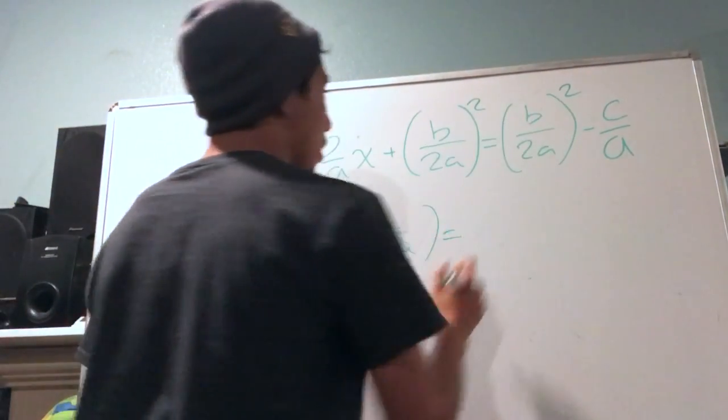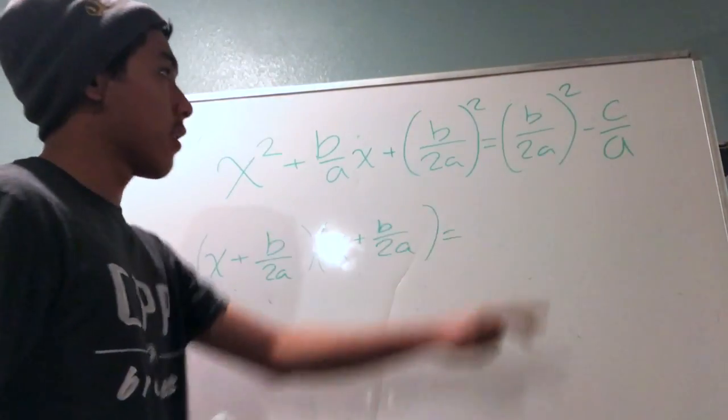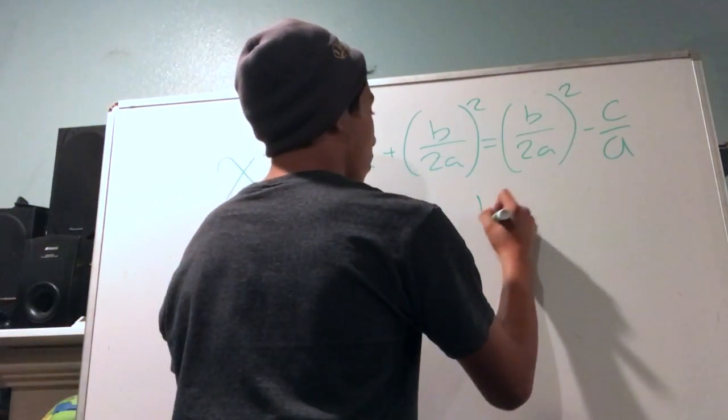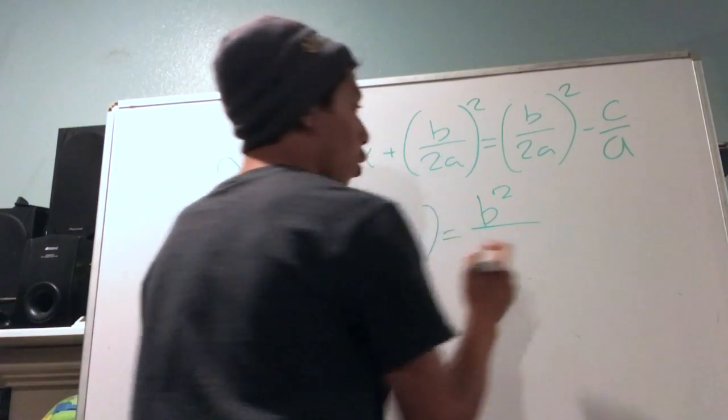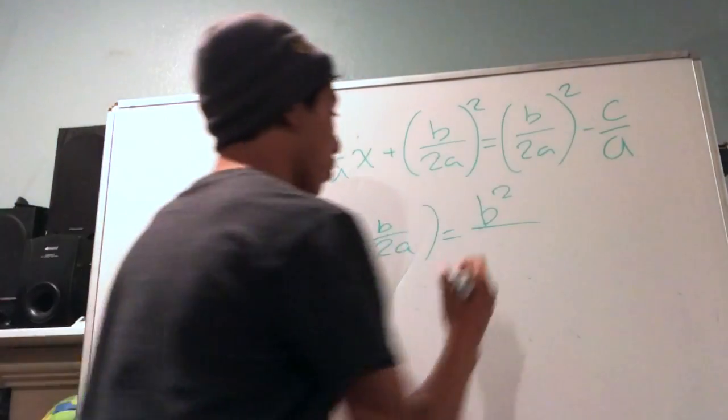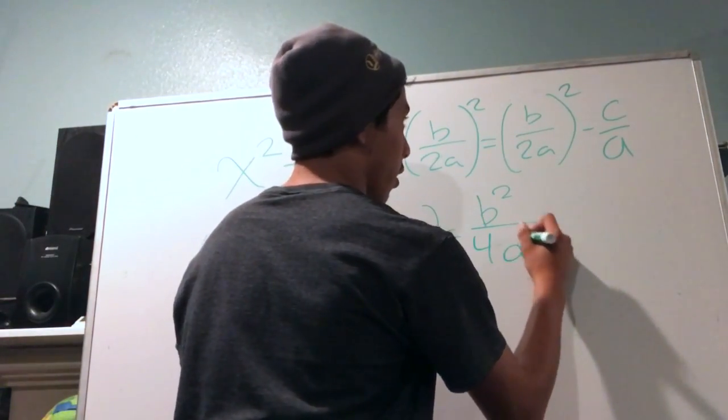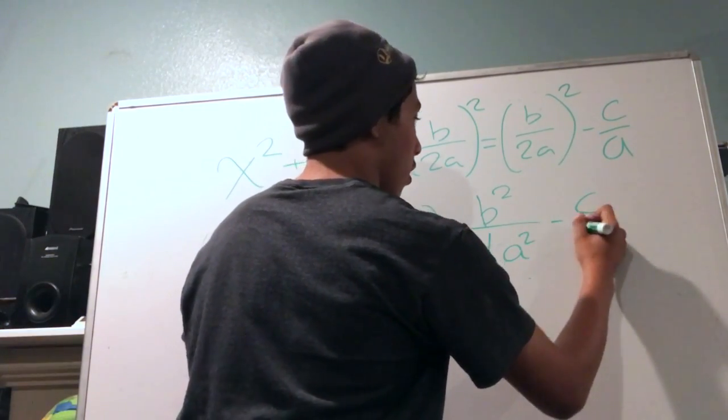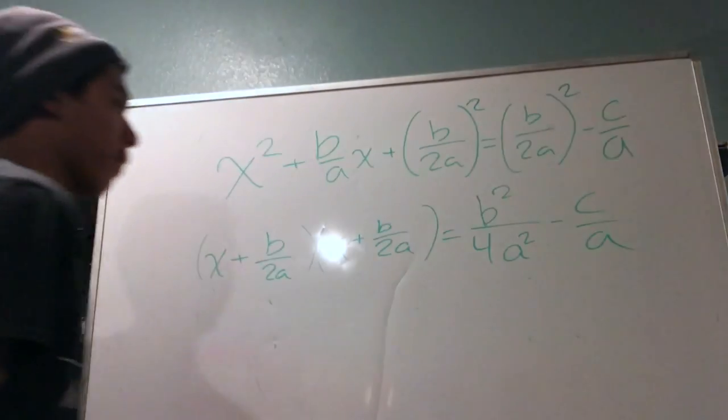So now what we have to do here is simplify this. So we got b squared over 2 squared is 4, a squared minus c over a. Okay?